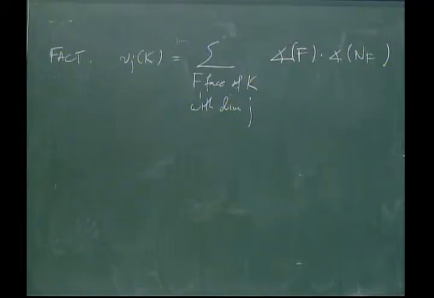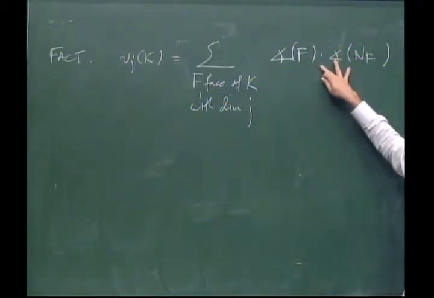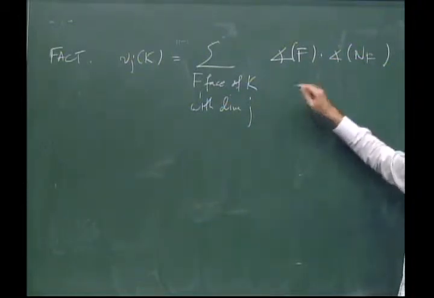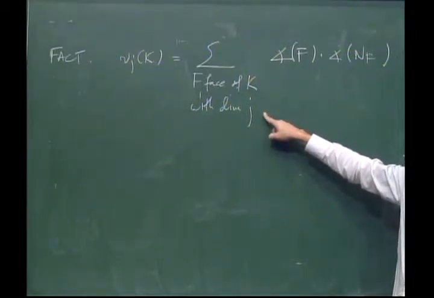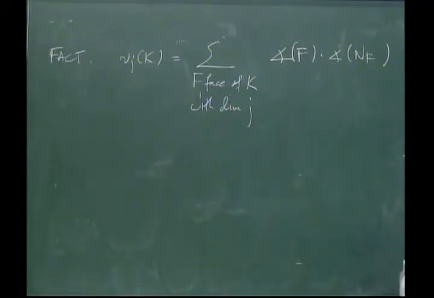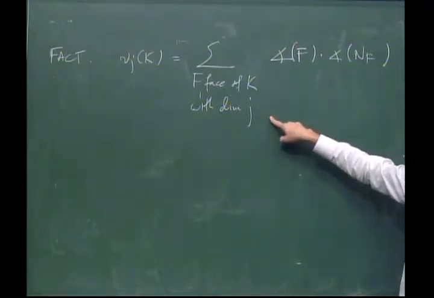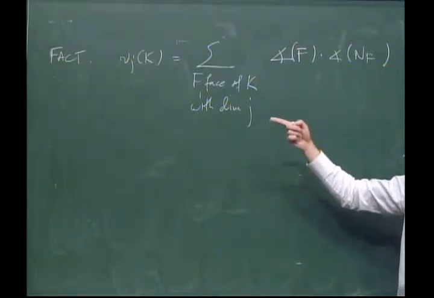This makes sense from the definition of the intrinsic volumes because the jth one is telling you about all the stuff that's closest to a j-dimensional face of the cone. So we add up the amount of space that's closest to one of those faces of dimension j. That's it. This is an alternative way of looking at that formula that I described before in terms of projections of a Gaussian lying in the relative interior of a j-dimensional face. So this is the amount of space that projects onto a specific face of dimension j, and you add that up over all of the possible faces of dimension j.